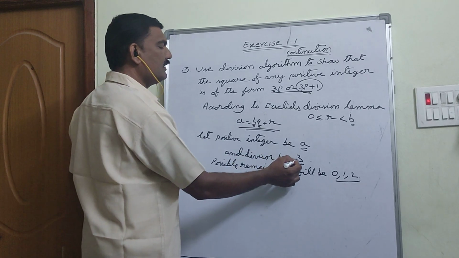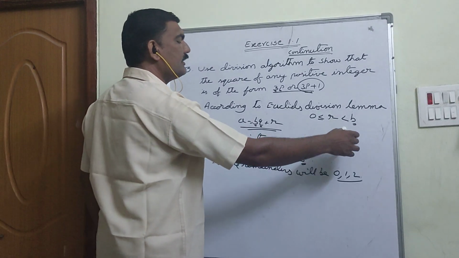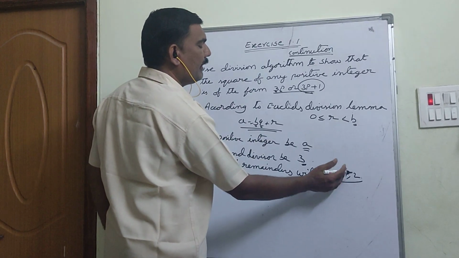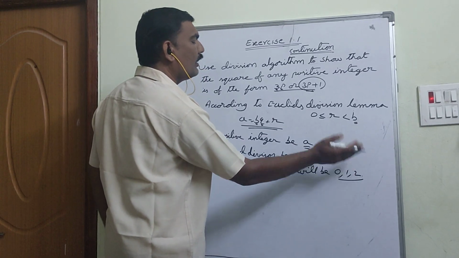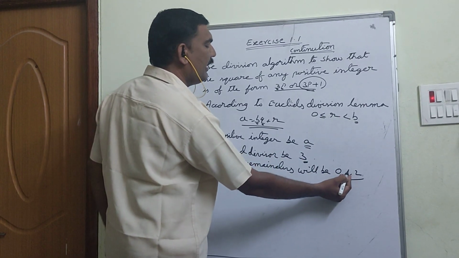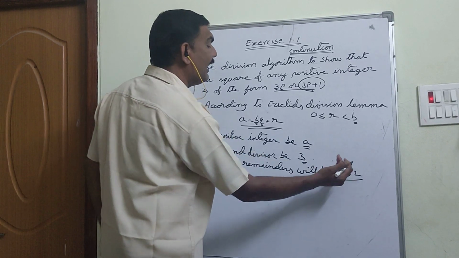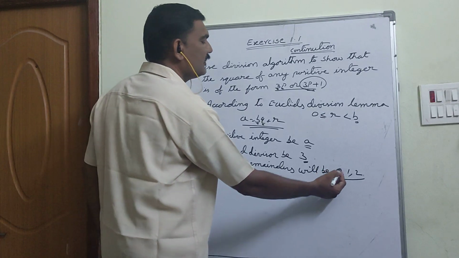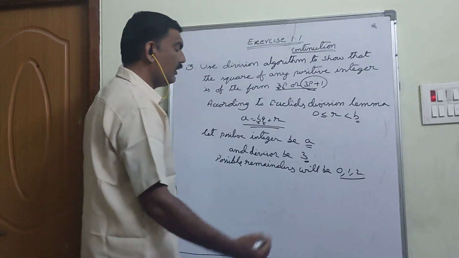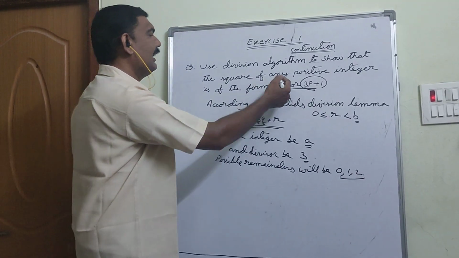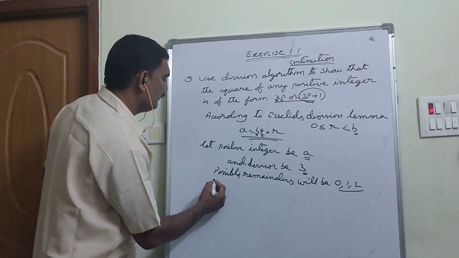Because the divisor is 3, if you do division, you won't get remainder as 3 or more than 3. Always remainders will be 0 or less than 3, means 0, 1, 2 will be the possible remainders. And now we'll go to the problem.